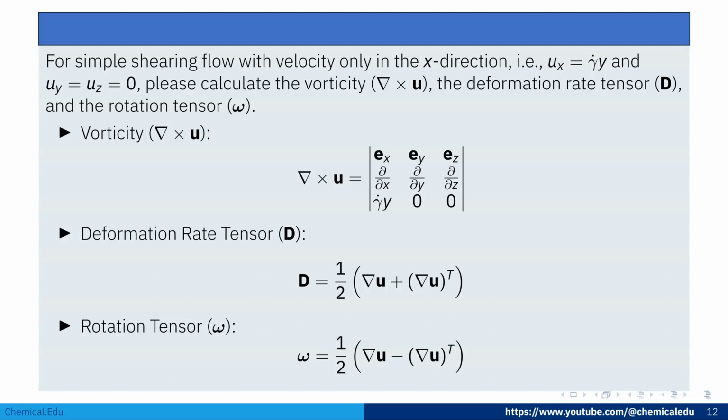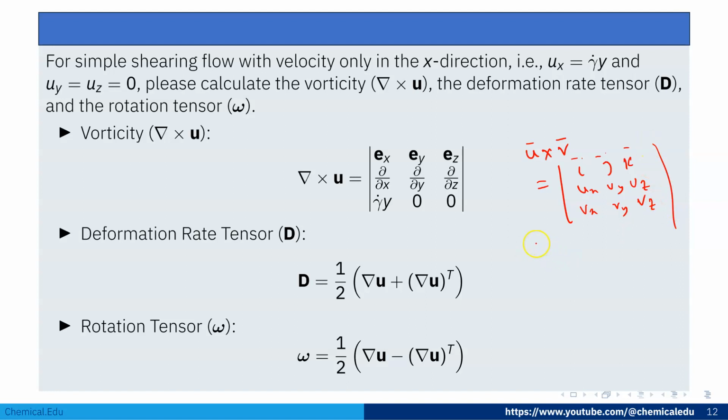So we know the vorticity is nabla cross u. If I do the cross product of those two vectors, it will be like that: i, j, k, then ux, uy, uz, and then vx, vy, vz components.